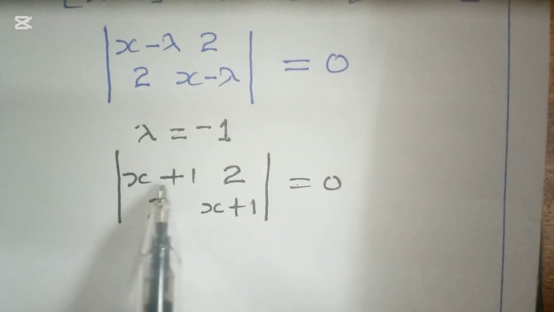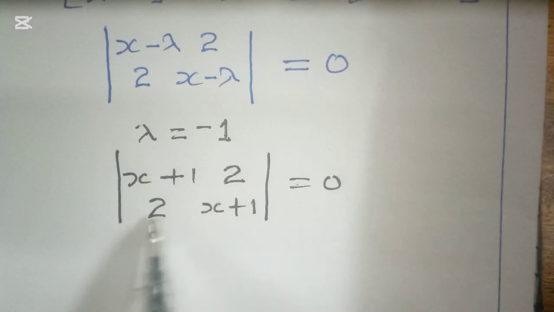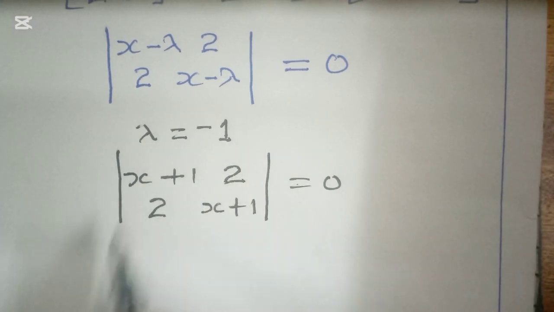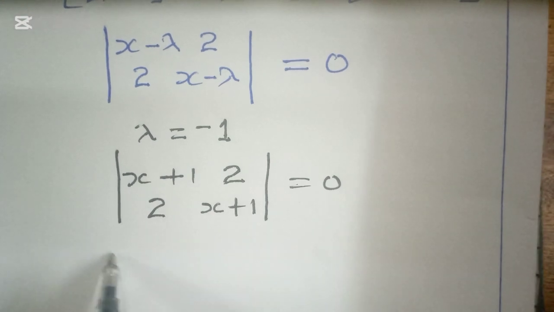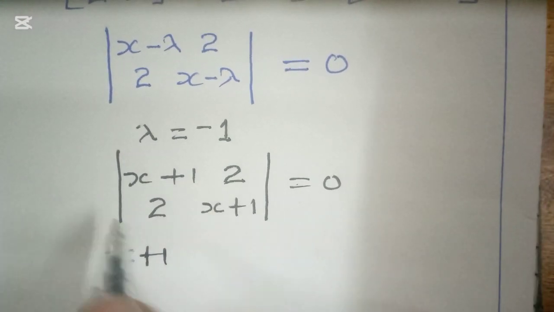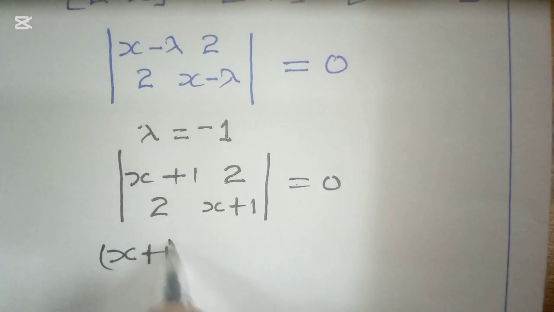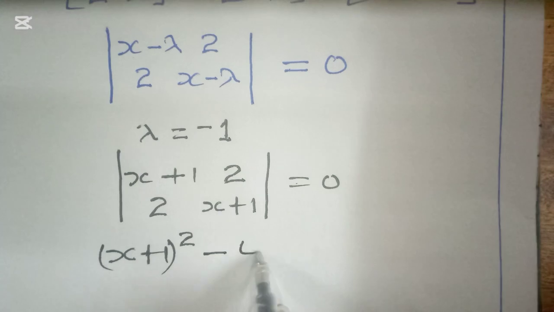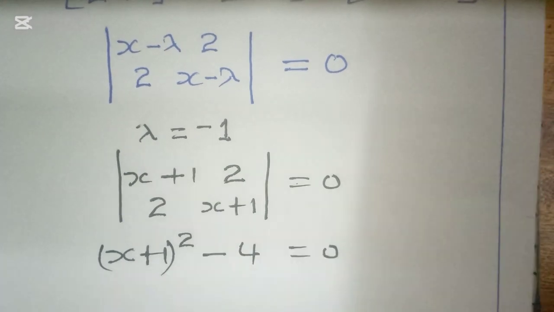So we multiply the major diagonal, minus the minor diagonal product. This is x plus 1 multiplied by x plus 1, which is x plus 1 squared, now minus 4, and this should give us 0.